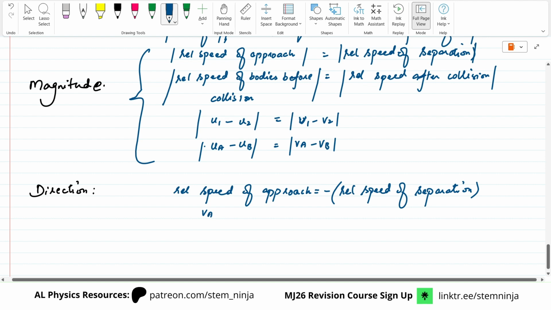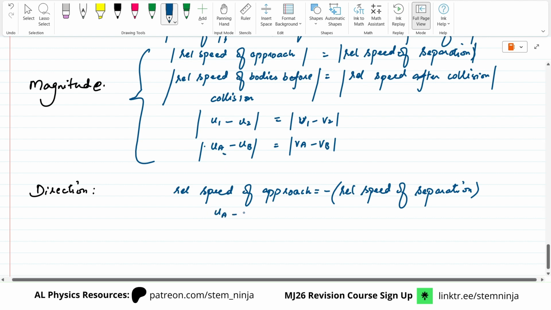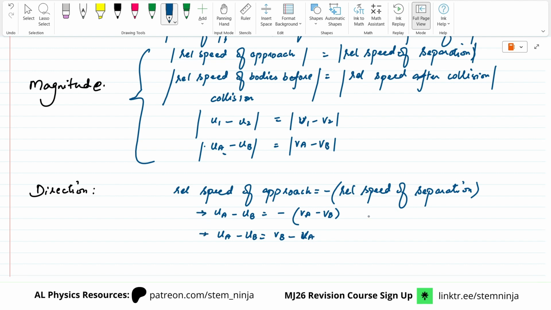So for example, if you are selecting AB perspective, so UA minus UB, it will be negative of VA minus VB. Again, directions, you will have to take care of that. This will simplify to UA minus UB equals VB minus VA. If you forget this one, this is easier to remember. The first one is easier to remember.